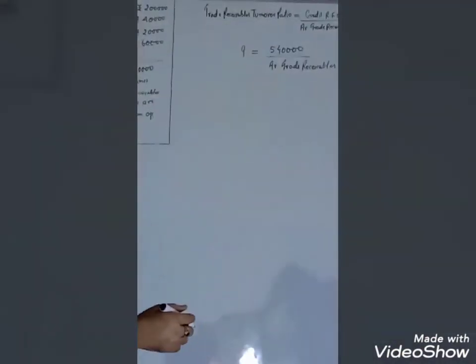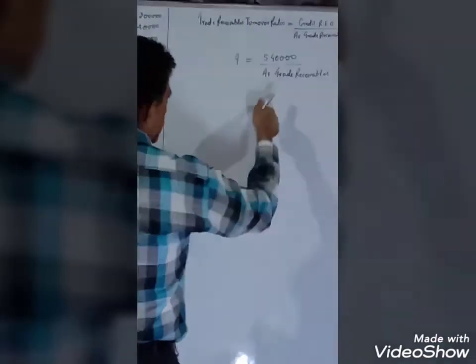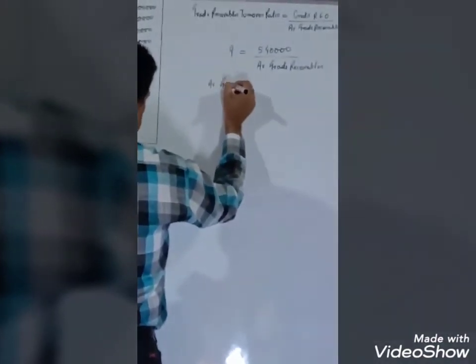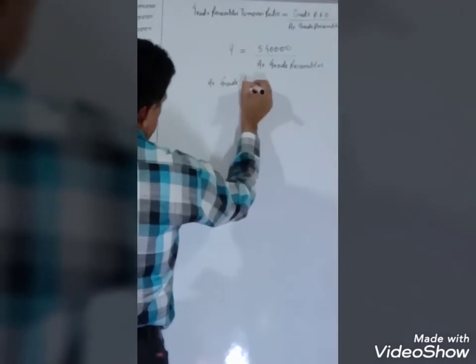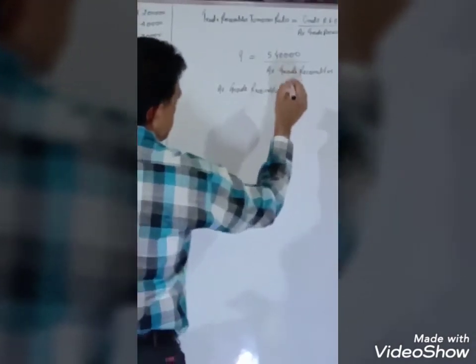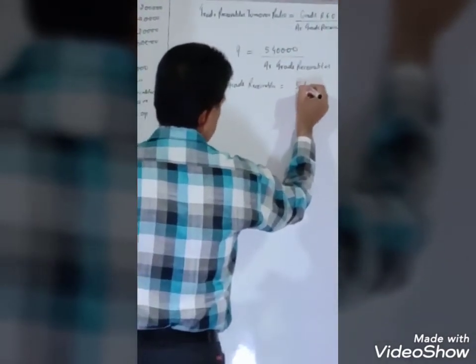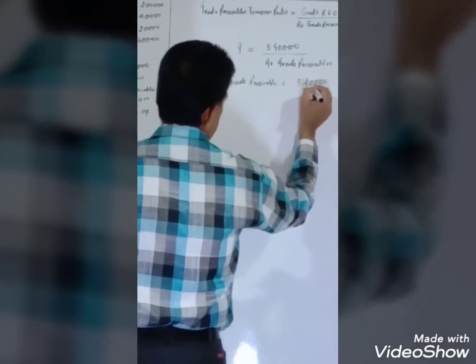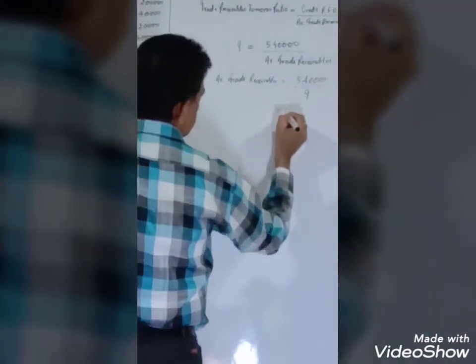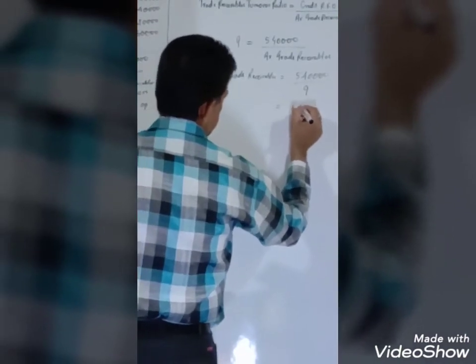By simplifying and cross multiplying, average trade receivables is equal to 5,40,000 divided by 9. This is rupees 60,000.